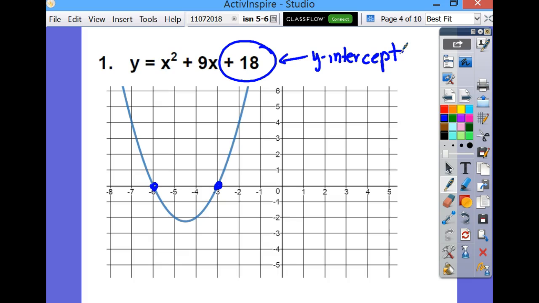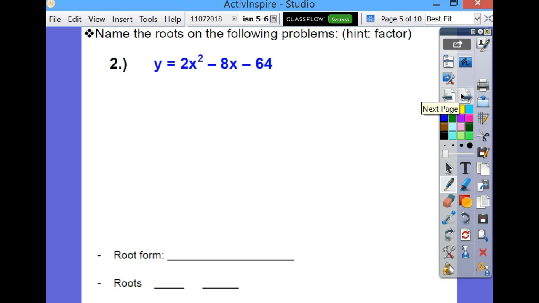And that's why I don't see it on this graph, because I don't have a big enough graph paper to see a y-intercept of 18. If you're in standard form, this number right here is the y-intercept. Did I say this number was the vertex? This number is not the vertex, unless you have a special kind of problem. We'll get to that in a minute.